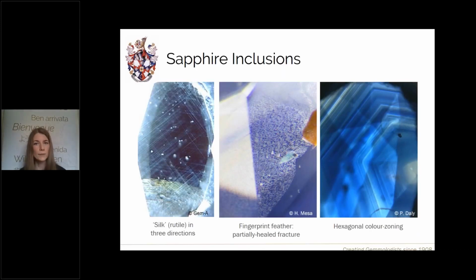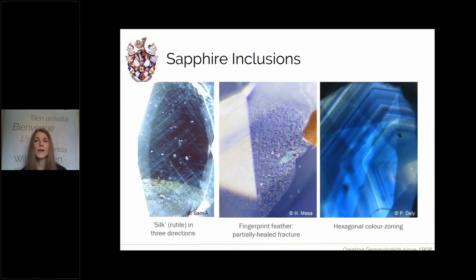It's called a fingerprint feather. And it's, again, a partially healed fracture, and it is planar, typically, these feathers. So if you're looking at your sapphire from one angle, you'll see the whole feather, and the other angle, you'll see just a line, because that's how it formed. It was sort of a fracture and then it rehealed.